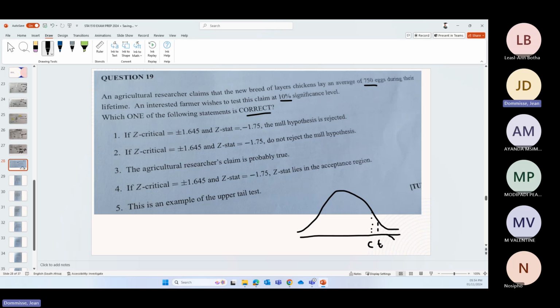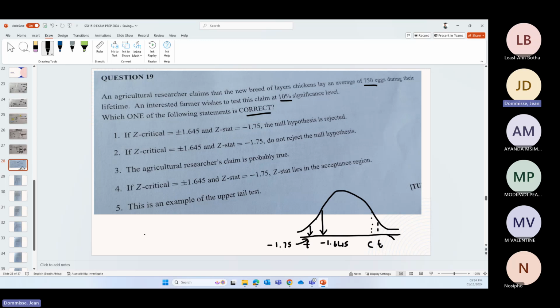Now we're also using negative, so let's get that in here as well. So if the Z critical is minus 1,645, because that is what they have everywhere, and the Z stat, so that's the T, is minus 1,75. Okay, so that is that value.